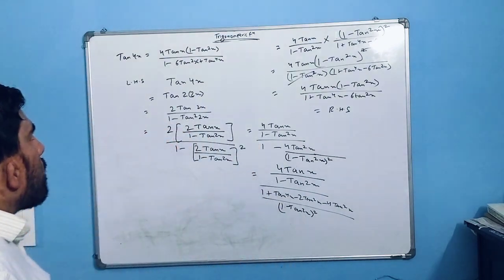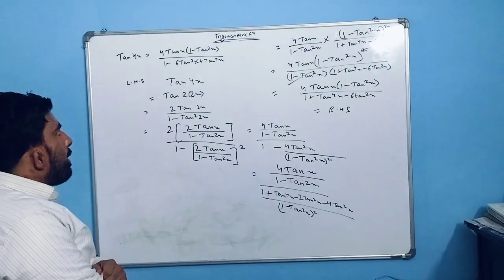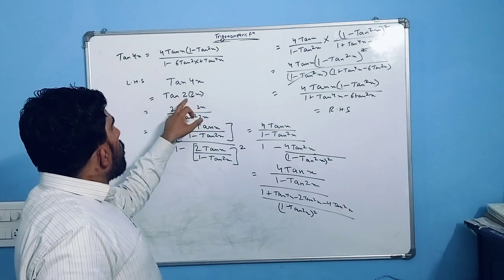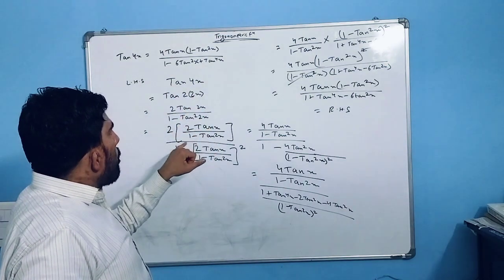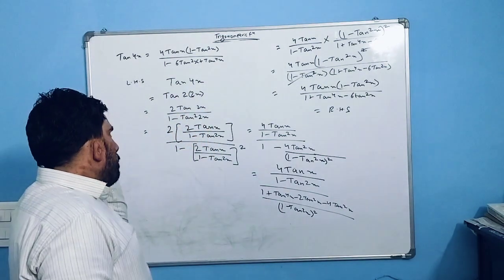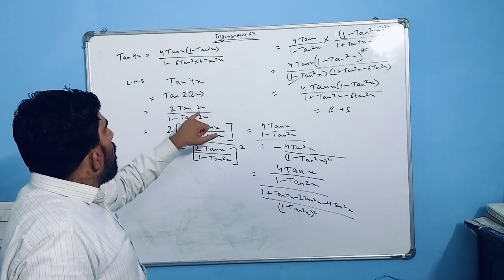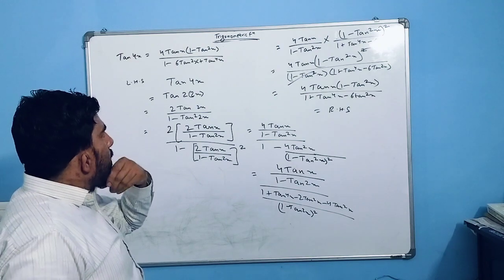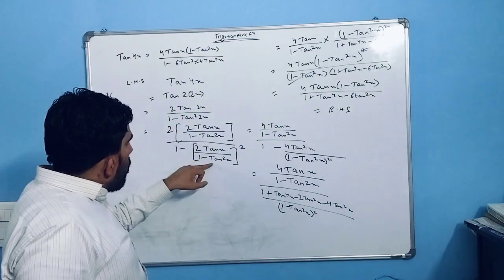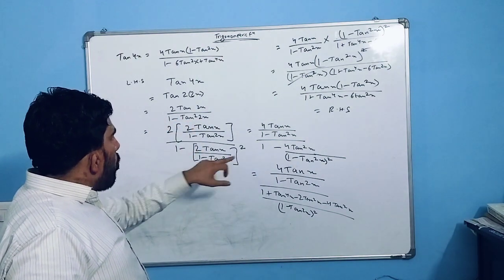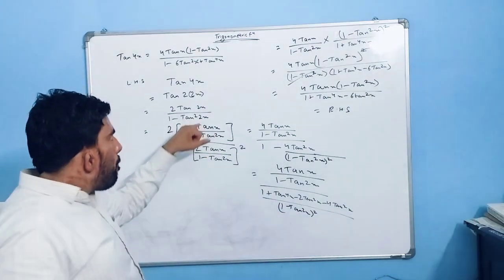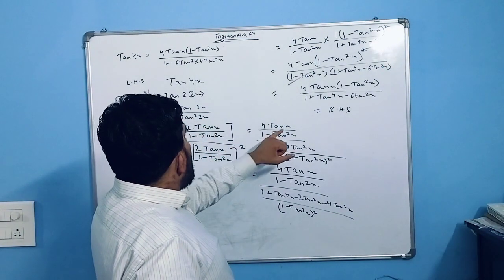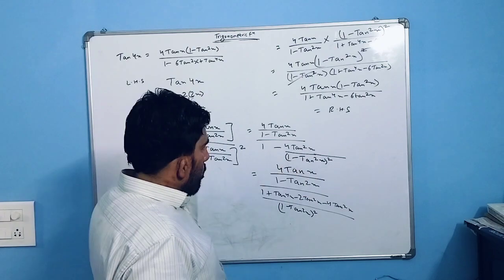So you can see we have applied the identity tan 2x equals 2 tan x upon 1 minus tan square x. Here it is 2x, so we apply the same identity again. We have applied this identity twice. Here also it will be a whole square because it is given in square form. Then we multiply with that and we got this one.